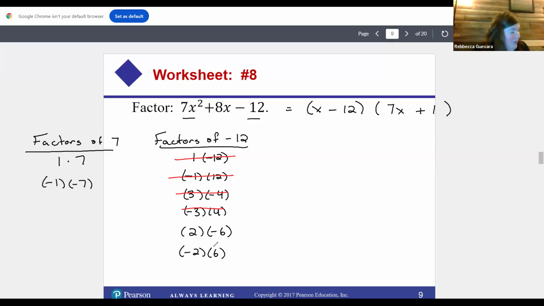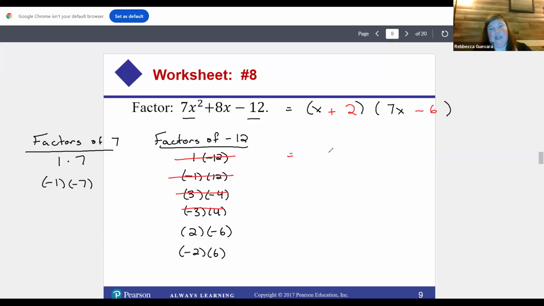So as you see, before I even got to this point, I could have gone through like 4 different versions of this, and then I would have to keep switching these points just to make sure everything was working. So we are going to try the 2 and the negative 6. Let's do 2 here and negative 6 here.